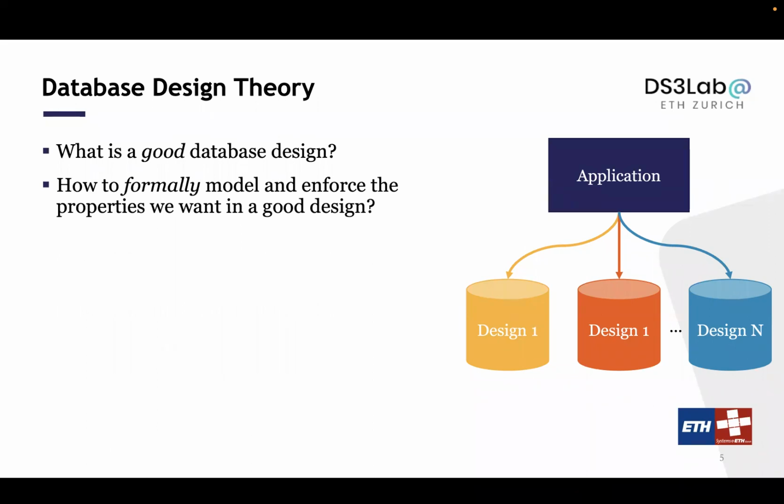Given a design, how can we reason about its properties and say something about them? And if it doesn't have the properties that we want, how can we enforce them? How can we, for example, decompose it into a new design that gives us the properties we want? That is something we have been talking about since last week, and we are going to continue to talk about it today.